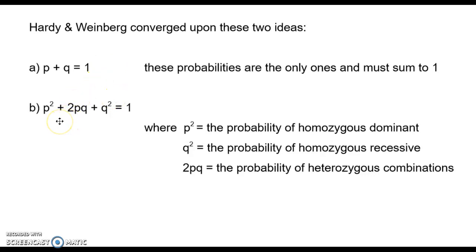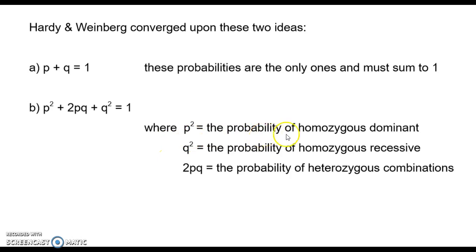But then you can start thinking about the genotypic combinations. This is a single allele, big T having a probability of P, little t having a probability of Q. But the probabilities of genotype combinations are kind of hidden within this equation here.